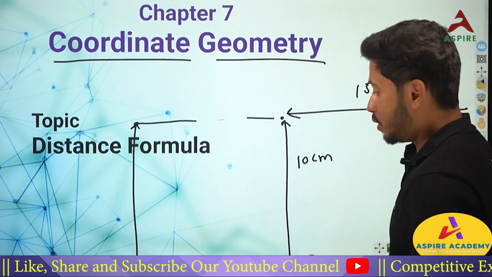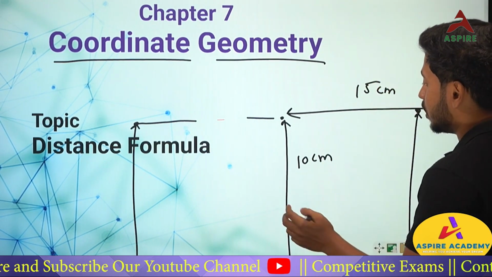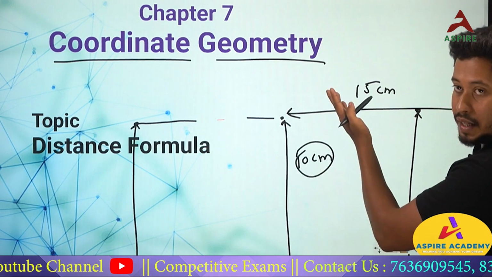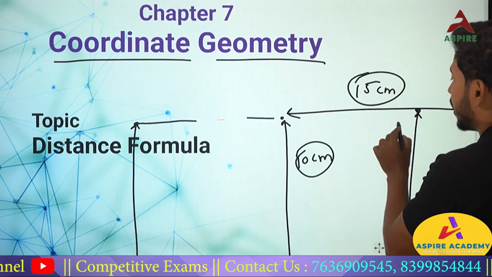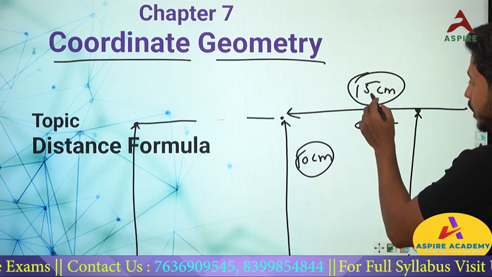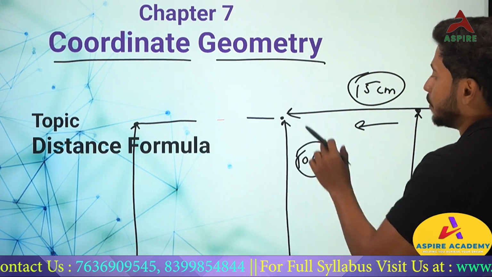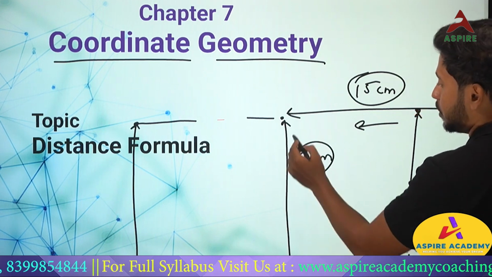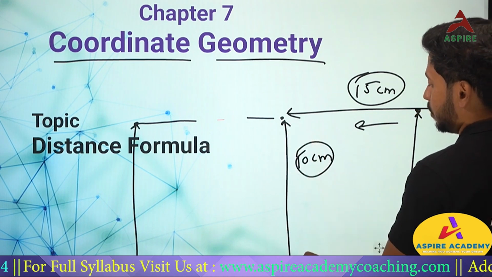In that case we got two values here, right? One is 10 centimeter vertically and one is 15 centimeter horizontally. Now if I have to locate the point, I will say the point is 10 centimeter above the ground.